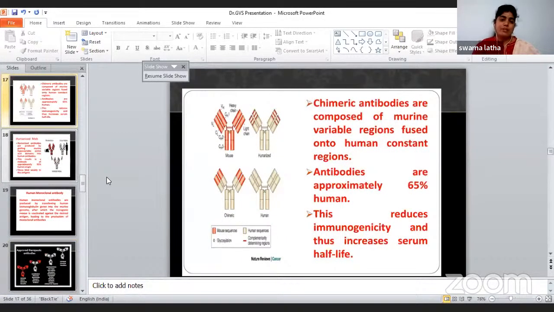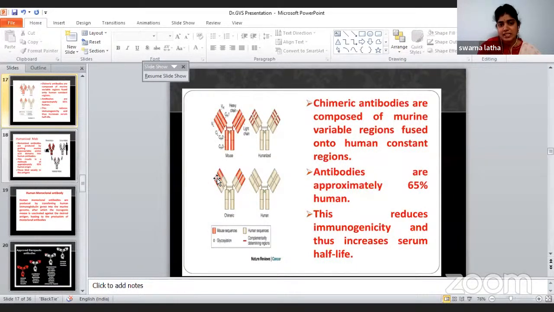In a similar way, further research progressed towards the production of chimeric antibodies. What are chimeric antibodies? Here there is a fusion of two different antibodies. The whole thing up to the variable region is from human, and then we fuse this human antibody with the variable regions that come from a mouse.